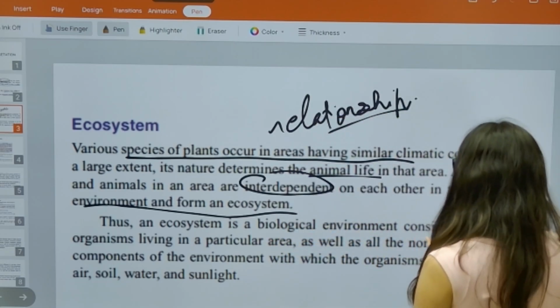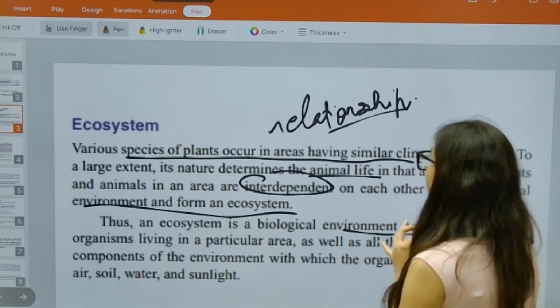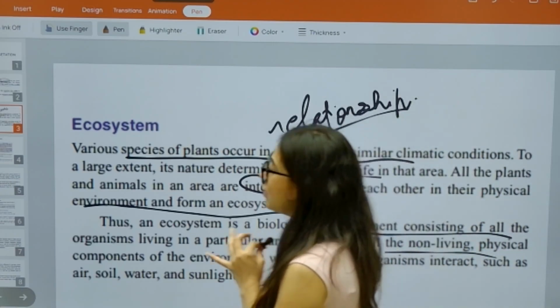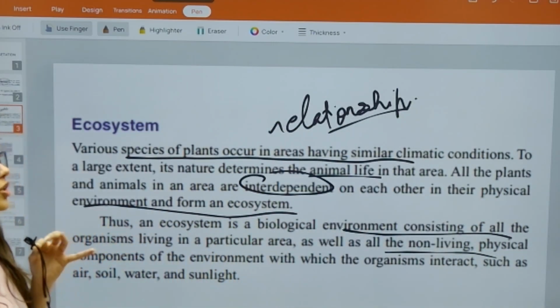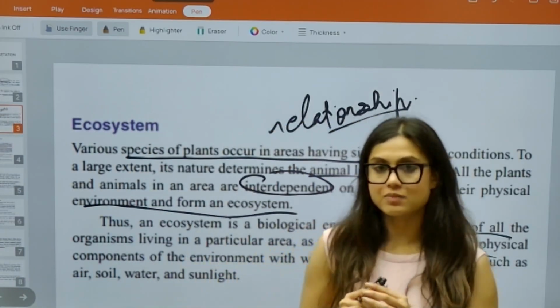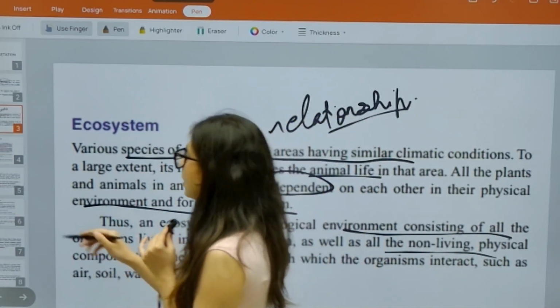Thus, it is a biological environment consisting of all the organisms, living plants, and it is basically the biosphere in which the interaction is done between the physical environment and the organisms. So that relationship is known as ecosystem.